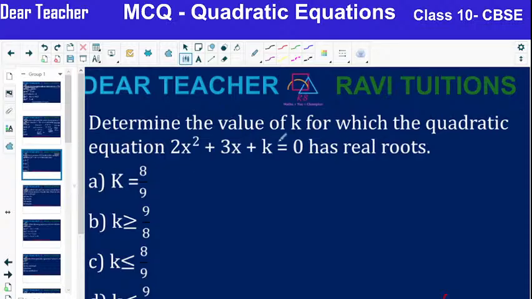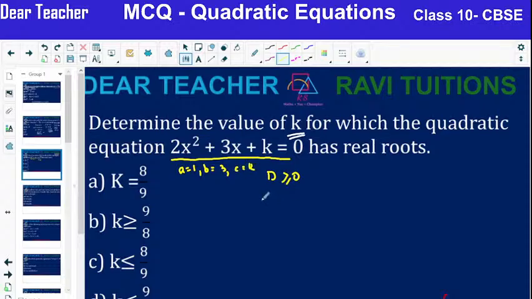Determine the value of k for which the quadratic equation has real roots. So real roots means again D is greater than or equal to 0. Here a is equal to 1 and b is equal to 3 and c is equal to k.